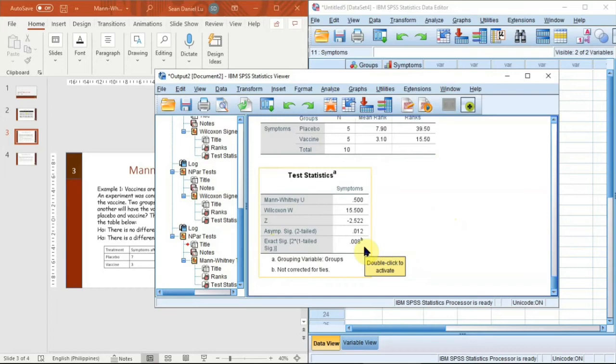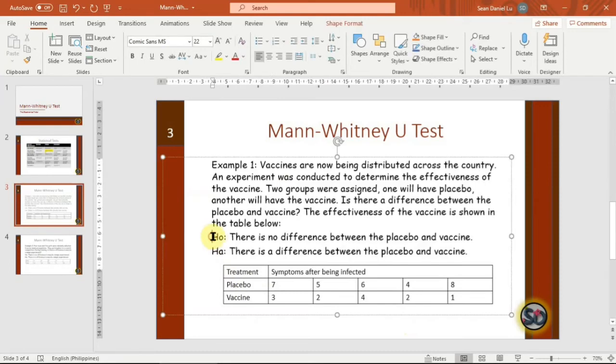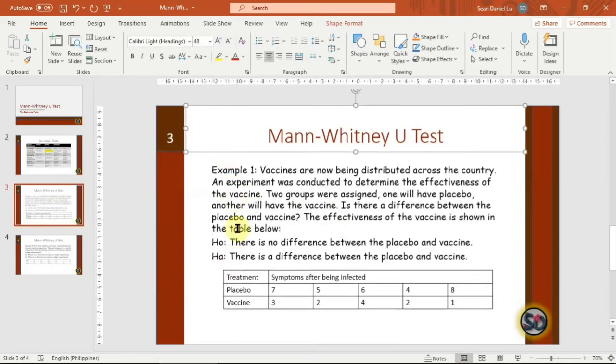And again, the p-value is equal to 0.008 is less than 0.05. Therefore, the decision would be to reject the null hypothesis. The conclusion would be the data provided sufficient evidence that there is a difference between the placebo and vaccine.